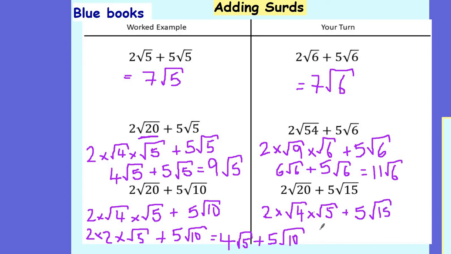Now the square root of 4 is 2, so I've now got 2 times 2, which is 4. 4 square root 5 plus 5 square root 15. And again, it looks a little bit unusual, but I cannot simplify that any further because there are no square numbers that are a factor of 15. So that is my final answer.